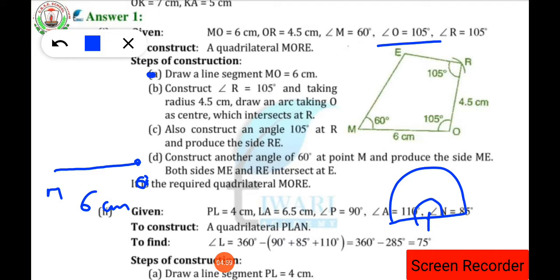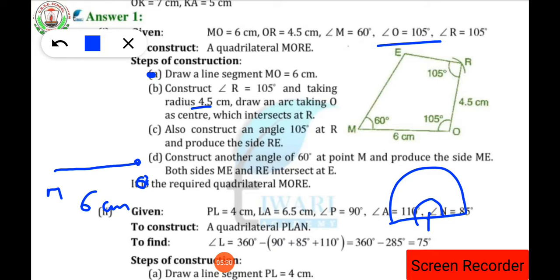After making the dot of 105 degree, remove the protractor, then use your scale and measure 4.5 centimeter on the mouth of your compass with the help of the scale. Keep the compass needle at the scale's 0 and stretch the pencil part up to 4.5 so that the mouth of the compass contains the measurement 4.5 centimeter.